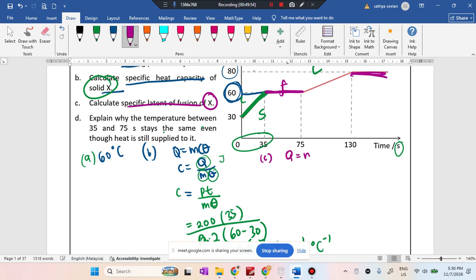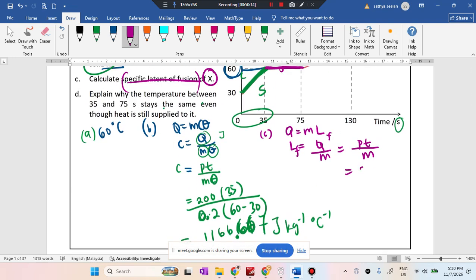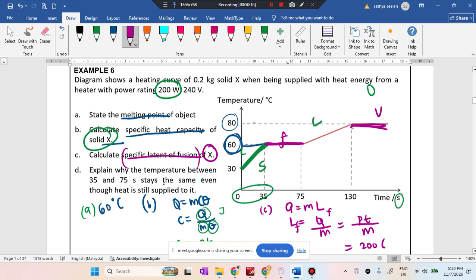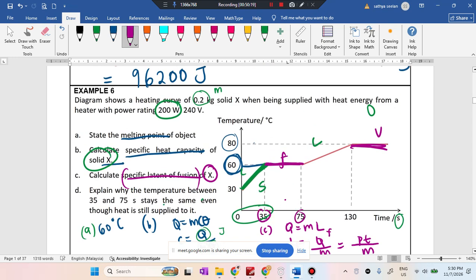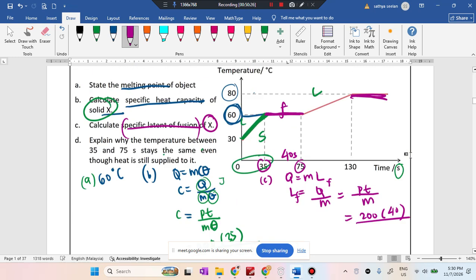So Q equal to ml. Dia tanya specific latent heat of fusion. Maksudnya LF yang kena jadi subjek Q over M. Jadi power Q ialah kita boleh tukar jadi PT lah kan. So power multiply by time macam tadi 200, tapi di sini 35 to 75 maksudnya 40 second lah kan. Careful, jangan pakai tulis saja.